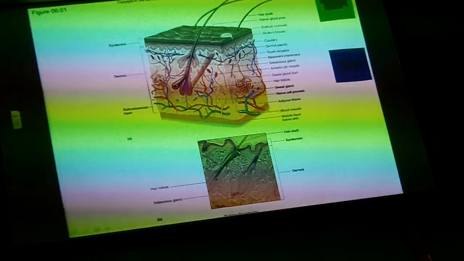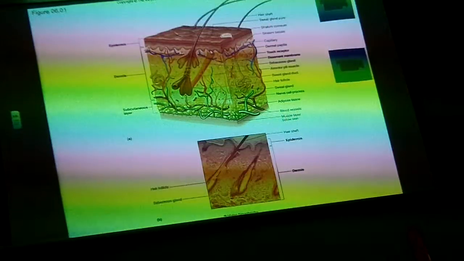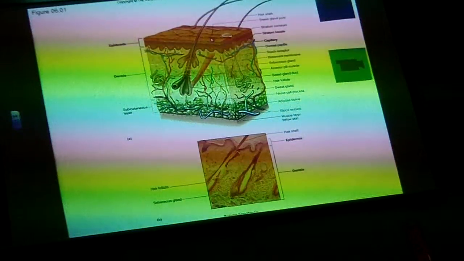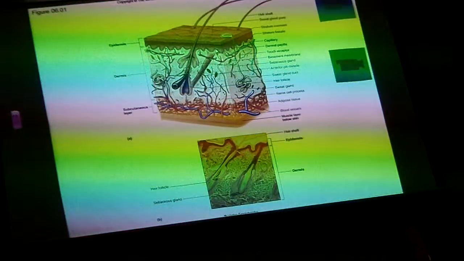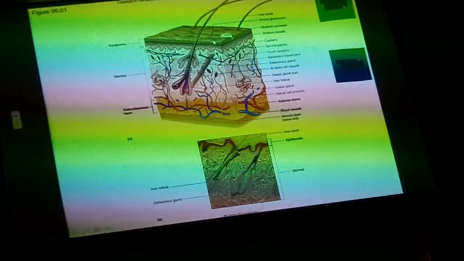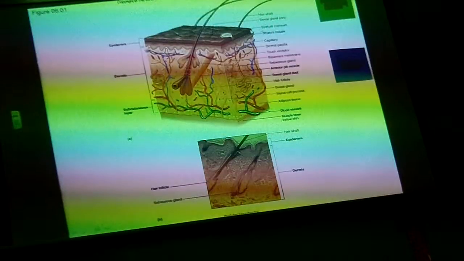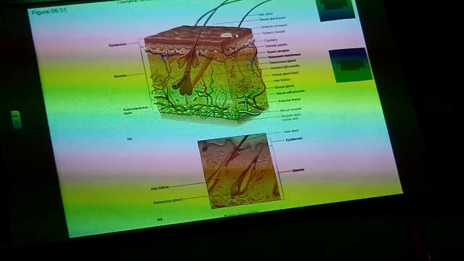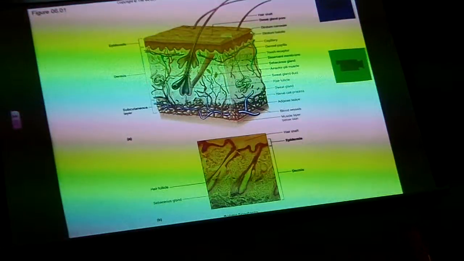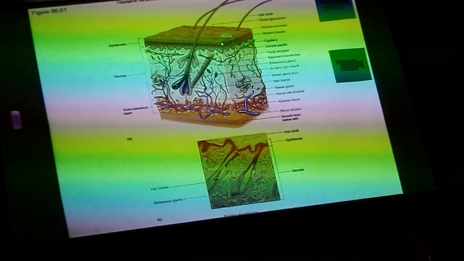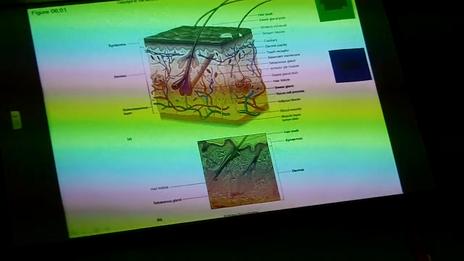And so that is a living layer of cells. And as the cells split, they're pushed upward. So these dividing cells push the new cells upward, and eventually when they get pretty high up, about to this layer here that's called the stratum corneum, stratum by the way means layer, those cells are dead because they are so far from any nutrients.